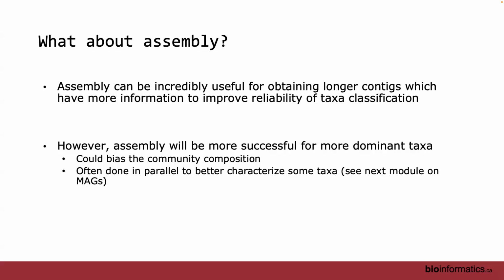It's a difference of opinion. Some people will do the taxonomic assignment before assembly, and then usually do assembly into MAGs and do something else after for the microbes of interest. But you'll hear much more about assembly in the next module, so I'll just punt that.